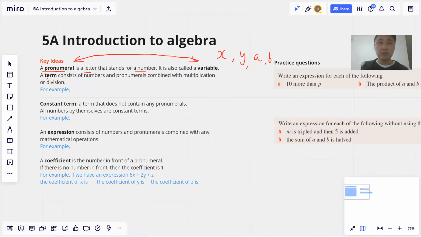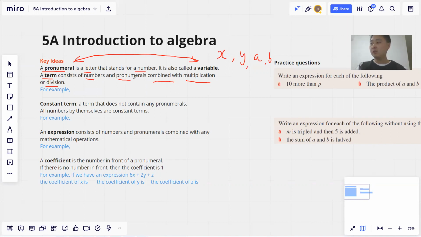And what is a term? The next new concept is term. It consists of numbers and polynomials with multiplication or division. So we can use numbers and polynomials combined.